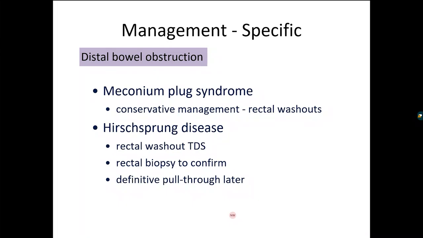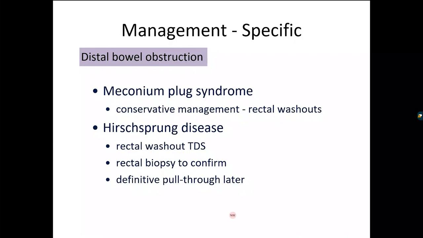And once we are happy that they are decompressed, before they are discharged home, we do a rectal biopsy to confirm the diagnosis of Hirschsprung disease. Once you confirm the diagnosis, most of these babies go home with the mothers after the mothers being trained to do rectal washouts. And they continue to do the washouts at home for about 4 to 6 months until the baby is a bit bigger.